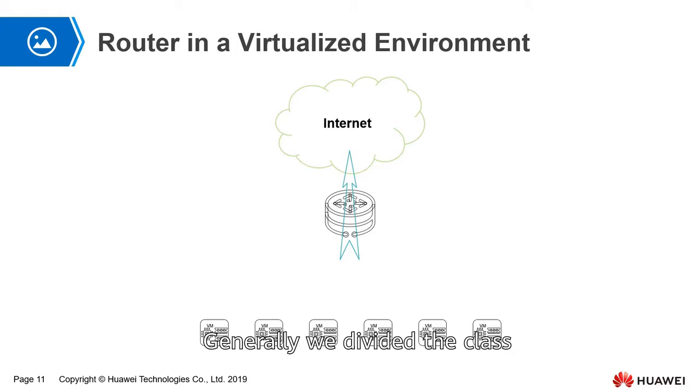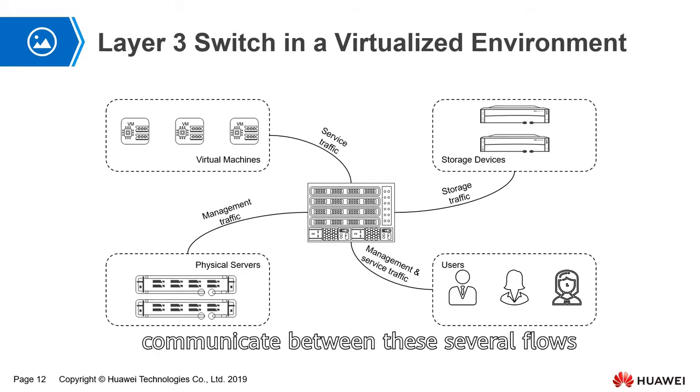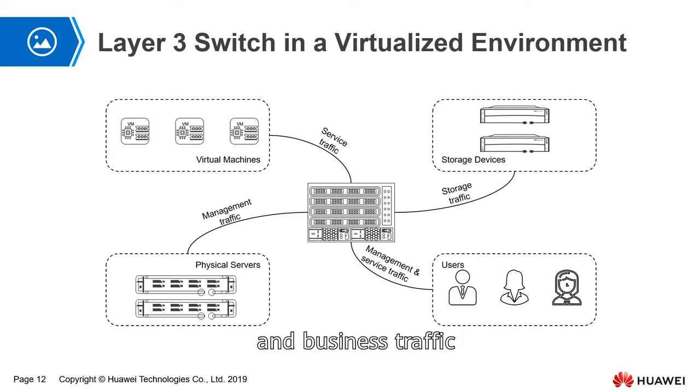Generally, we divide the traffic into management traffic, business traffic, and storage traffic. However, it is inevitable that these several flows need to communicate with each other.